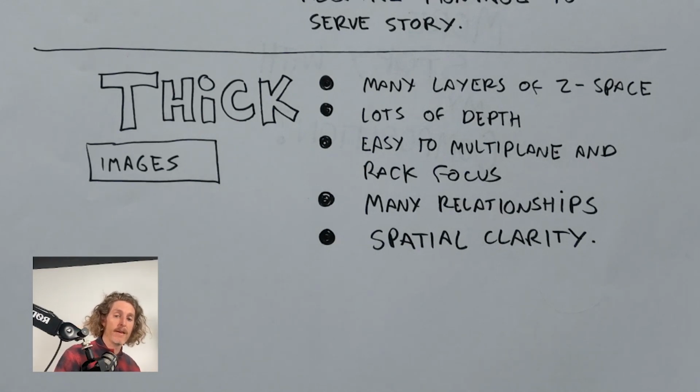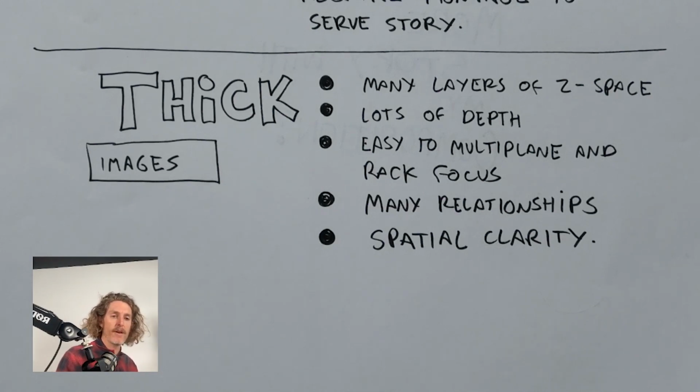And because of that, there's always a lot of depth. And in animation, there'll be a lot of assets on a lot of different Z planes. It's very easy and powerful to multiplane and rack focus, which is to change the element of focus, to even further empower yourself as a storyteller.